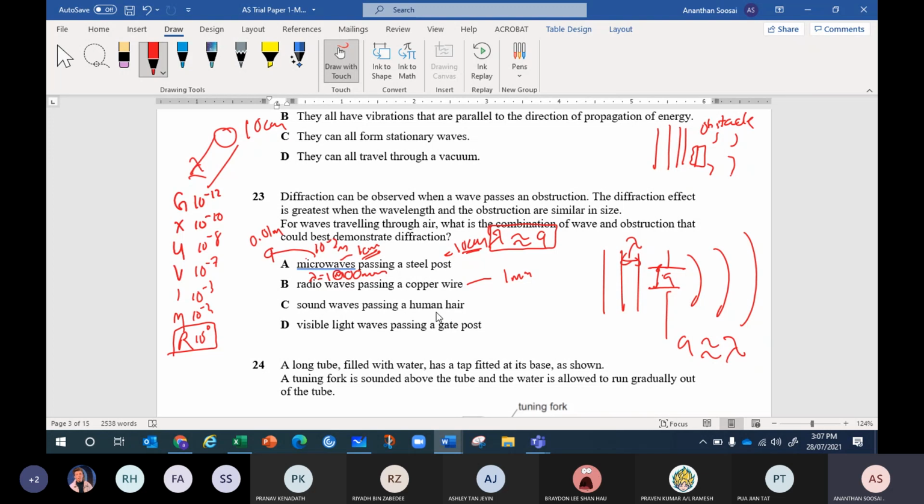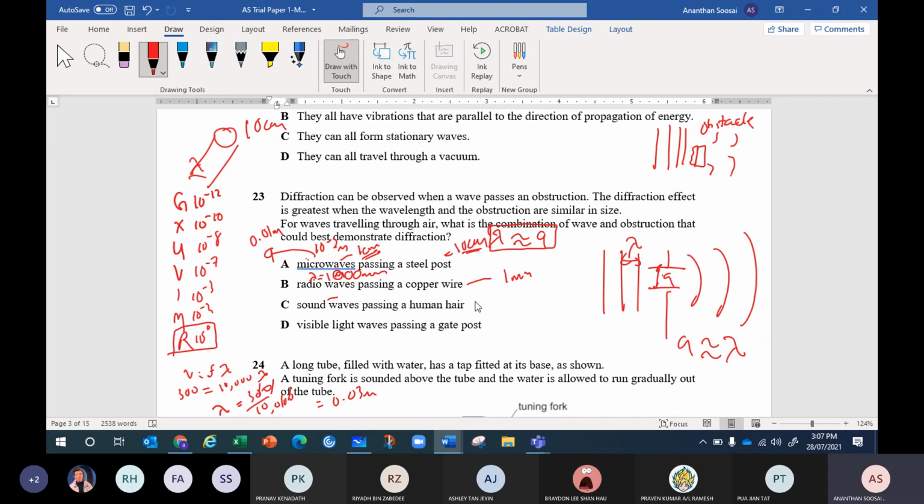C, sound wave passing a human hair. What is the wavelength of the sound wave? Sound wave can go a few meters. Like v equals f lambda. Speed of sound wave, let's say 300, frequency, let's say, is 10,000 hertz. You can find the wavelength: 300 over 10,000 is 0.03 meter.